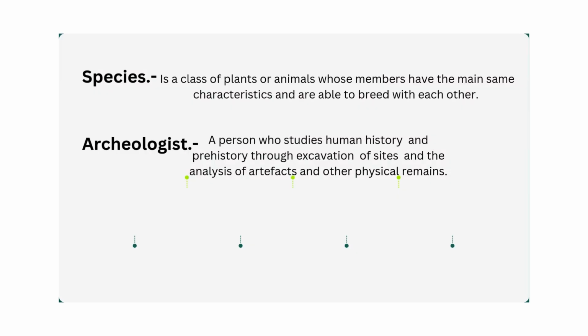Someone will say that there are some animals that are not of the same kind, but they breed. Remember, the breeding I'm talking about is when these animals give birth to the same kind. I know of animals that can breed, yes, but they'll give birth to none of either parent.